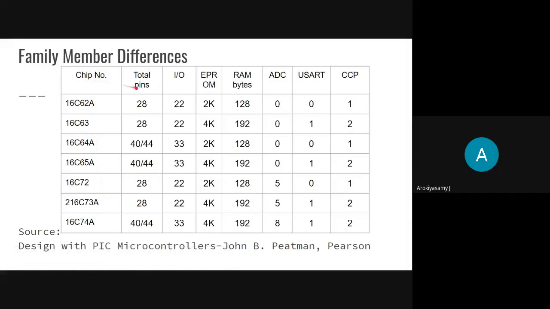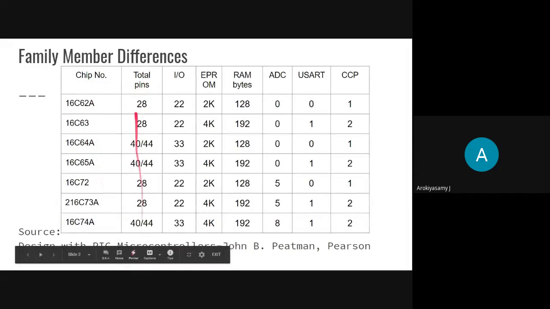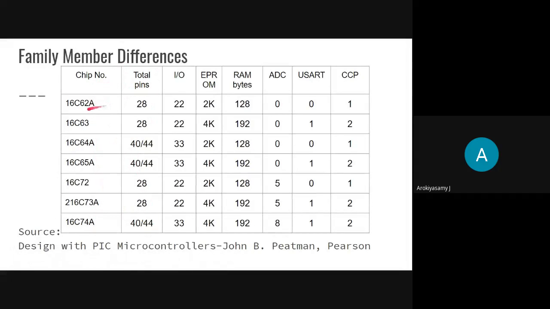The next column shows the total number of pins in each chip. 62A, for example, consists of 28 pins. 63 consists of 28 pins, whereas 64A consists of 40 or 44 pins, depending on the package.